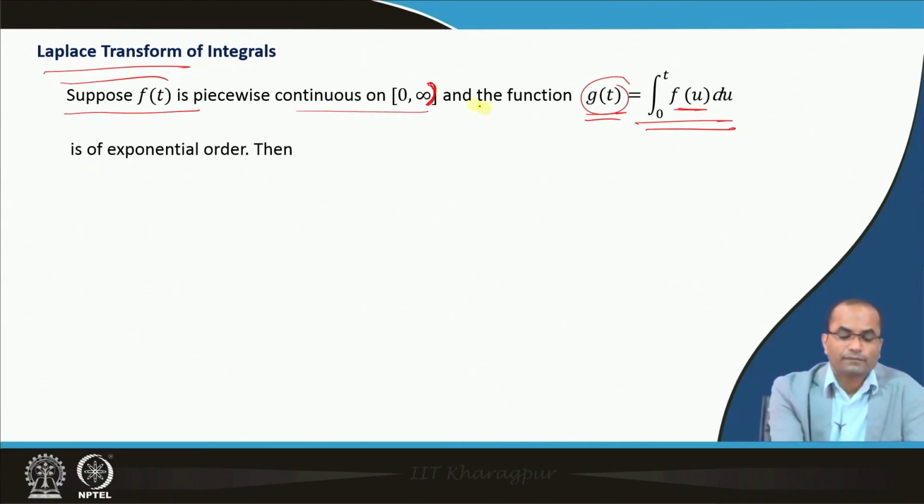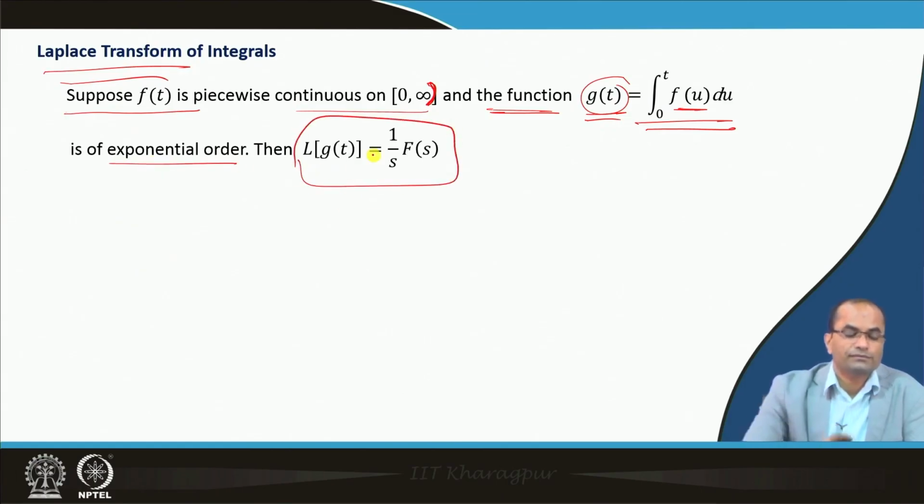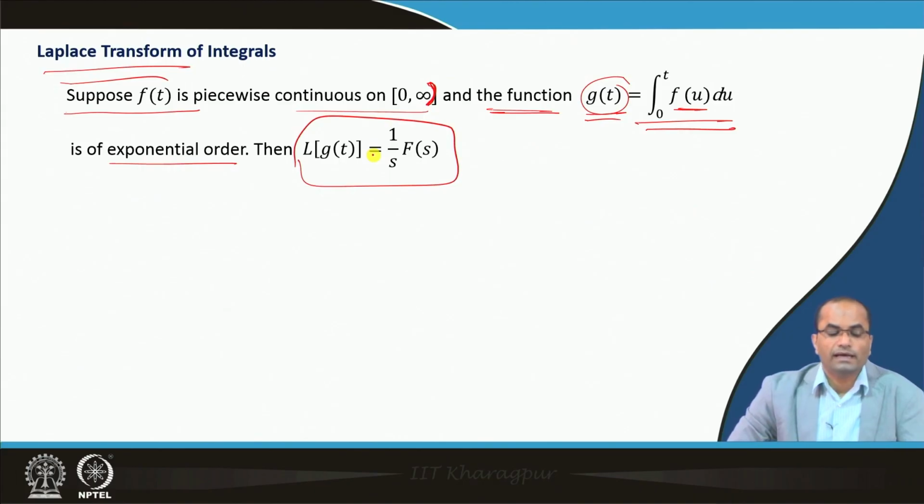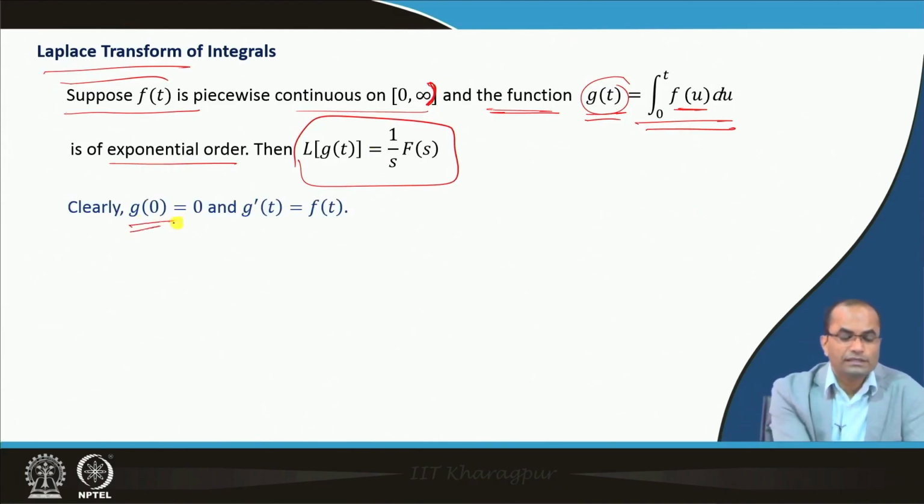Then we assume that this function is of exponential order, and the Laplace transform of g(t) we want to find as 1 over s times F(s). Clearly here g(0) is 0, because when t is 0 the integral vanishes, and g prime is just f(t).